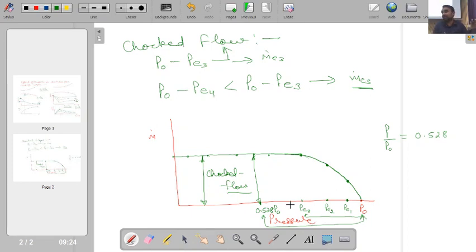Because after the throat, we also know one important point: if we are able to achieve a pressure exactly equal to what we obtained from the area Mach number relation, then only will I be able to achieve isentropic supersonic flow in the diverging section. If the pressure is other than that, then what will happen in the diverging section? That is actually very interesting to know. So let's see that portion.